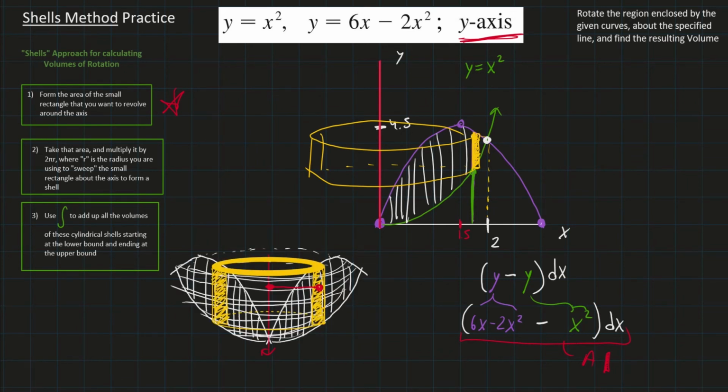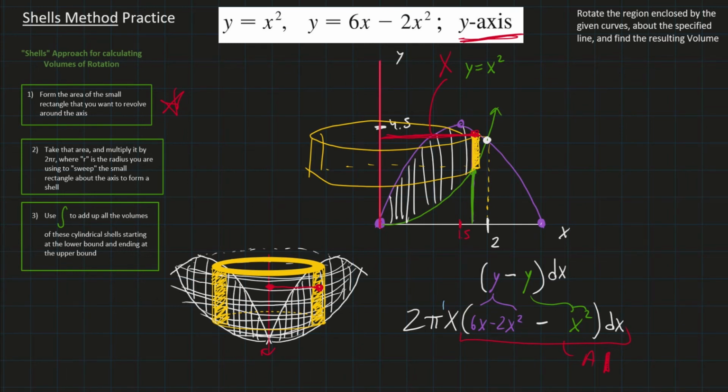And we do that by multiplying this area by 2 pi r. And the r that we're using to swing this orange rectangle around that y-axis is this r. And it looks like this radius is simply going to be whatever the x-coordinate of the rectangle is. So instead of r, I can just write x.